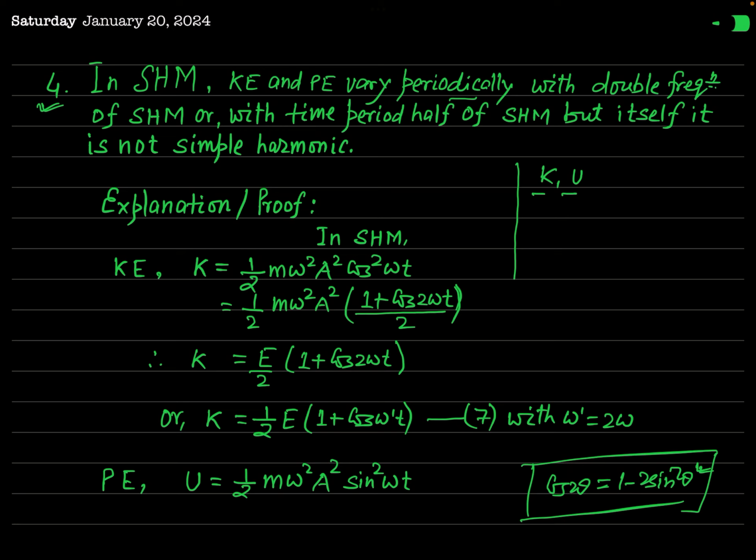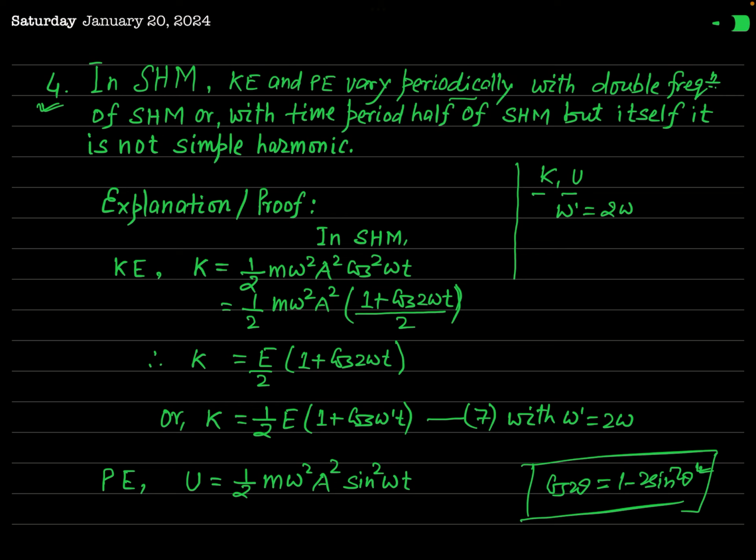In other words, kinetic and potential energy vary periodically, and the frequency of variation of both K and U is the same. If you consider that the frequency of variation of K and U is omega dashed, it will be twice the frequency of the simple harmonic motion. It means K and U vary periodically with double the frequency of simple harmonic motion.